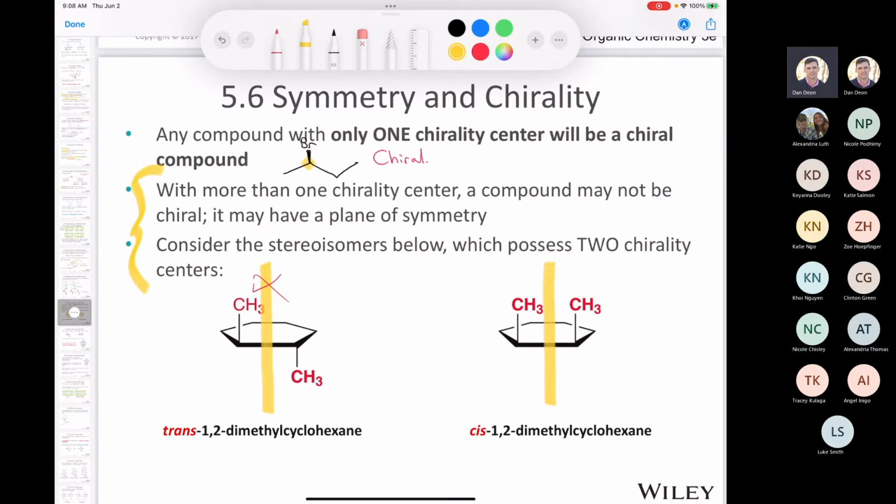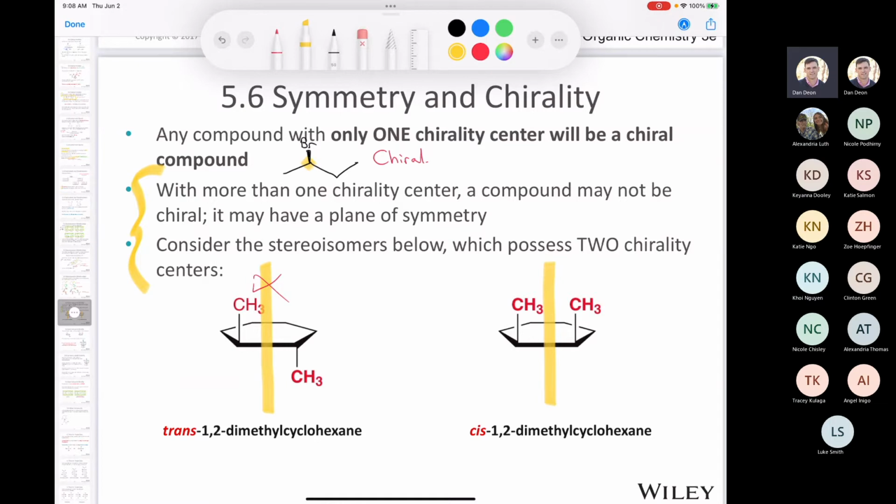If you've got more than one chirality center, so if you've got two or more chirality centers, the compound may not be chiral. Okay, so just wrap your head around that for a second. You've got more than one chiral center, but the compound isn't chiral. Well, if you're like, well, hold on, isn't the definition, if it's got a chiral center, doesn't that mean it's chiral?